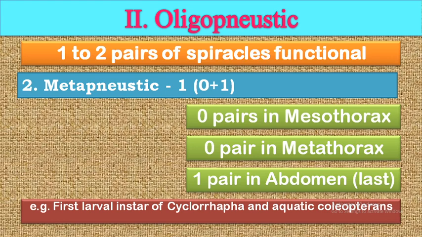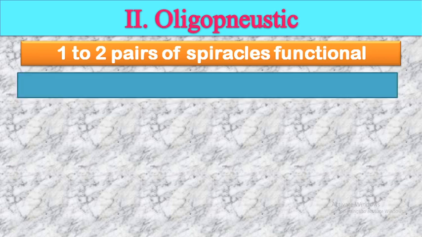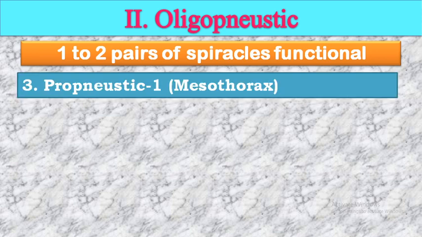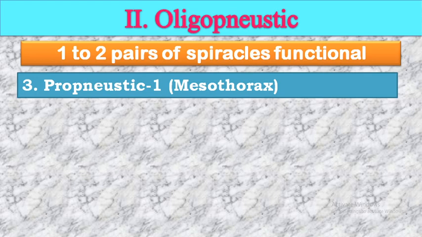001. Then the third in oligoneustic is propneustic, where only one is functional, in the mesothorax. In case of metaneustic, only the abdominal is functional, and in propneustic, meta means the last one and pro means the first one.